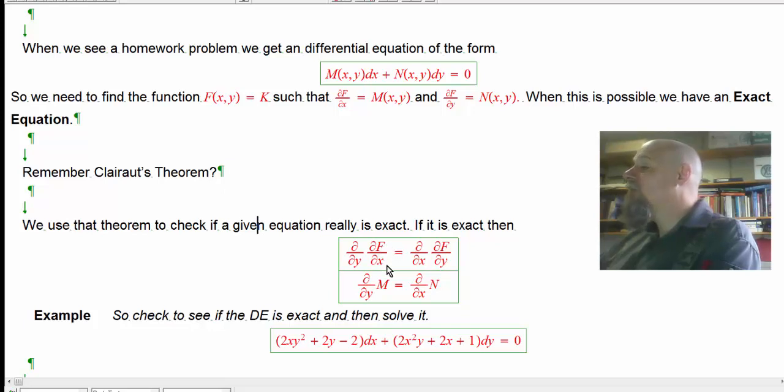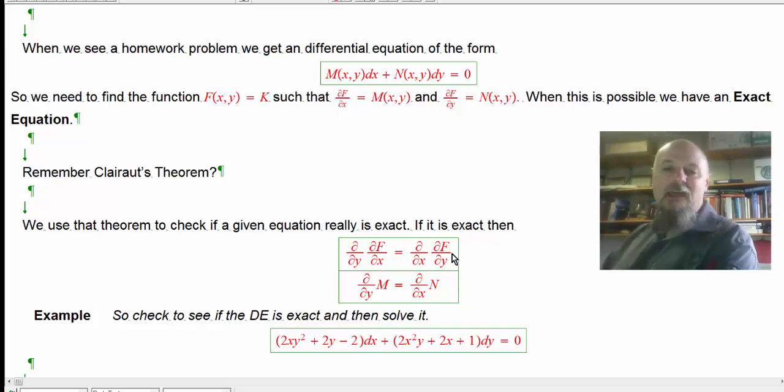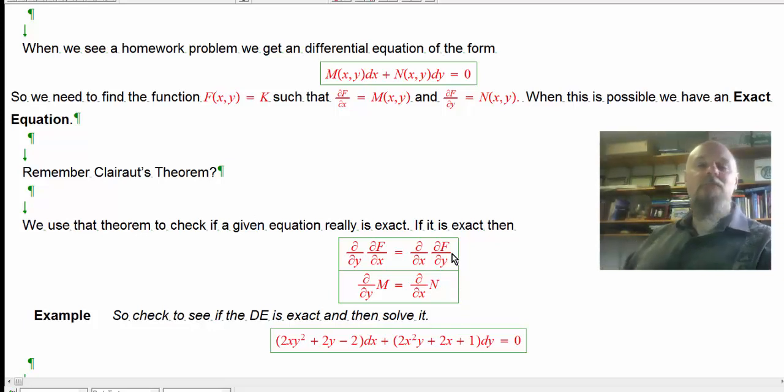If I take the derivative of a function with respect to x and then with respect to y, I get the exact same thing as if I differentiate with respect to y and then with respect to x. In other words, the mixed second-order partial derivatives are equivalent. So if you differentiate with respect to x first and then y, it's the same thing as if you differentiate with respect to y first and then x. That only works if the function is continuous, if there's an f to find.